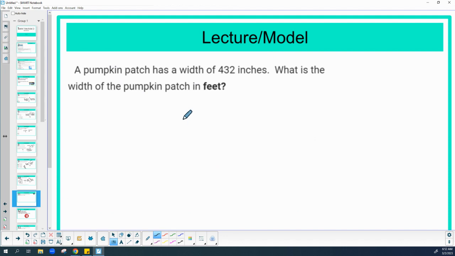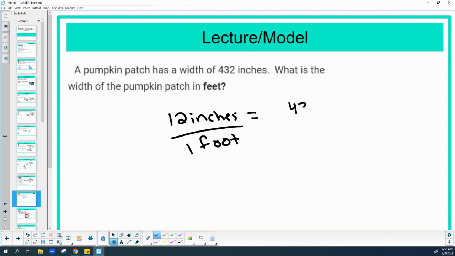All right, we are now on our last problem. A pumpkin patch has a width of 432 inches. What is the width of the pumpkin patch in feet? So we want to go from inches to feet. I know that my conversion rate is going to be there are 12 inches in 1 foot.